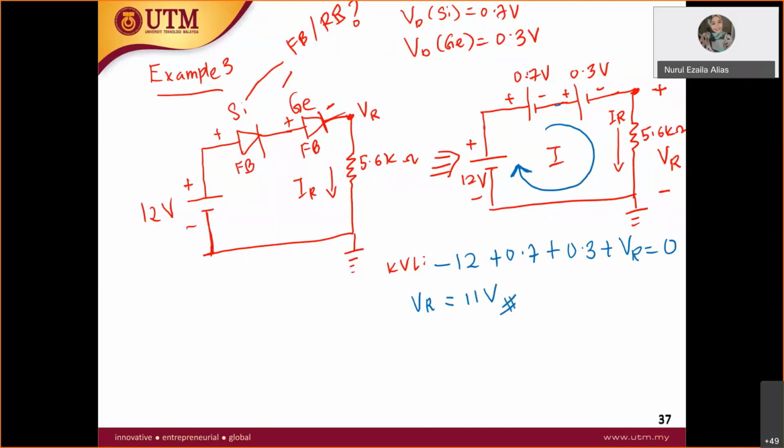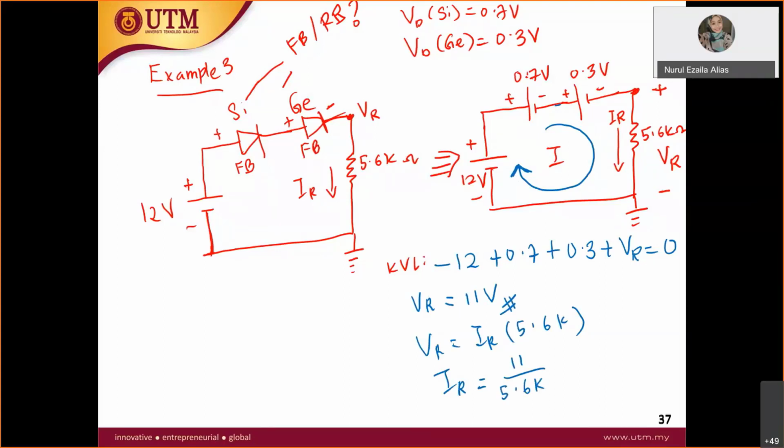Next is to find the IR. You perform Ohm's law. You know that VR is equal to IR times 5.6K, so IR here is equal to 11 over 5.6K.